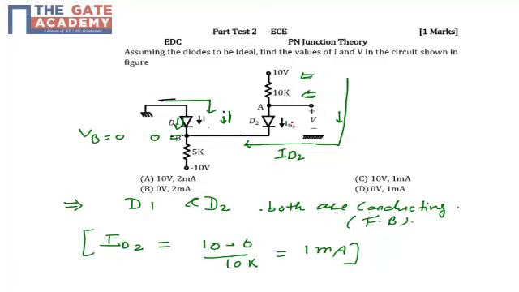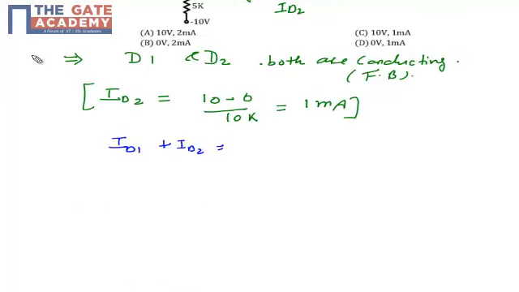Now if I apply KCL at VB, or terminal B, there is a current ID2 flowing into node B, and current ID1 will be flowing from diode D1 to node B. So I can write ID1 plus ID2, because according to KCL the sum of incoming current is equal to the sum of outgoing current.